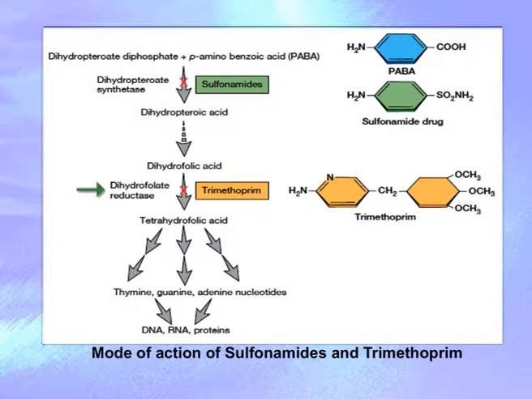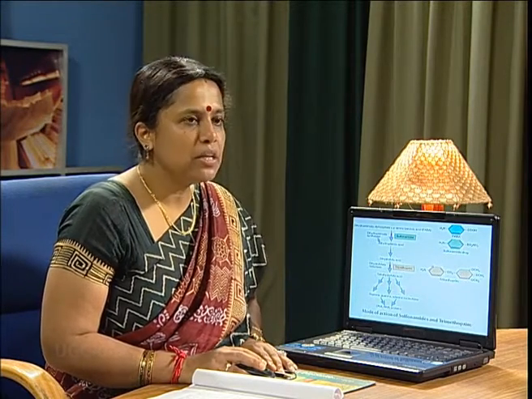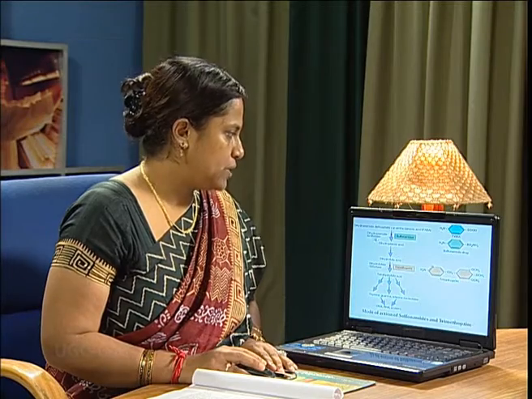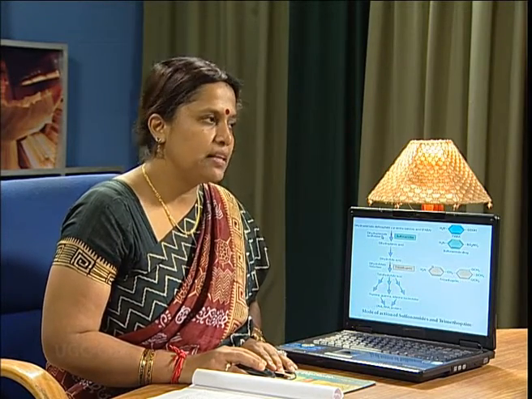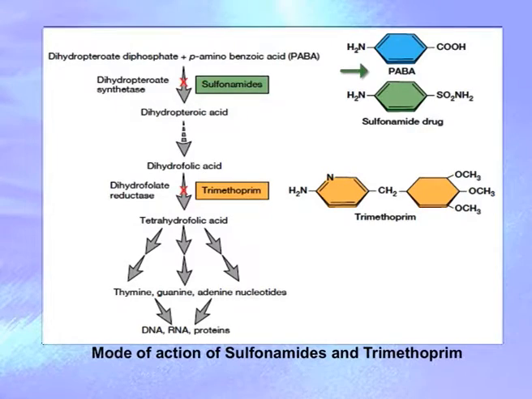reductase. Here we can see that resistance against sulfonamides and trimethoprim develops in such a way that plasmids encode enzymes similar to the chromosomally encoded dihydropteroate synthase. The difference is that the chromosomally encoded enzyme can bind PABA, para-aminobenzoic acid, as well as sulfonamides with equal efficiency, but the plasmid-coded enzyme has no affinity towards sulfonamides.